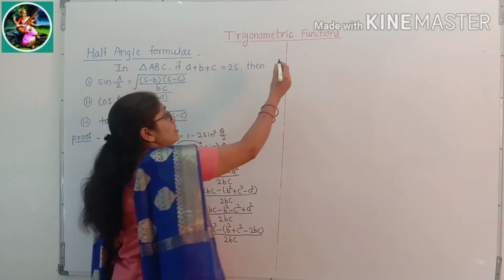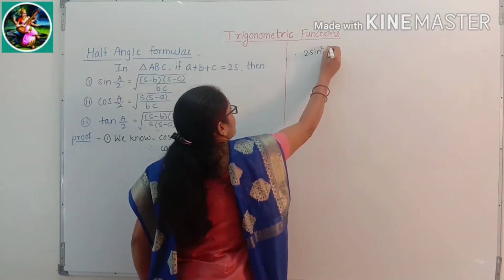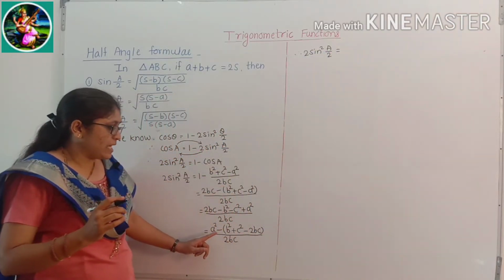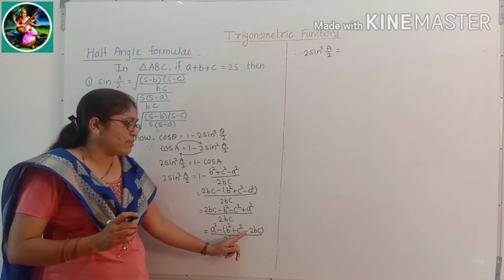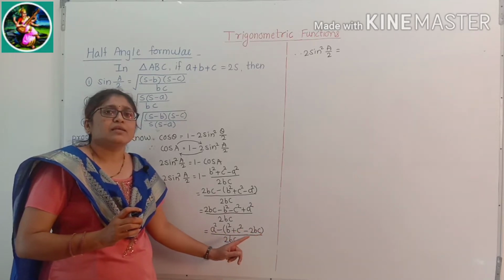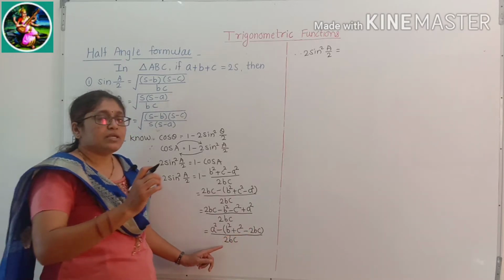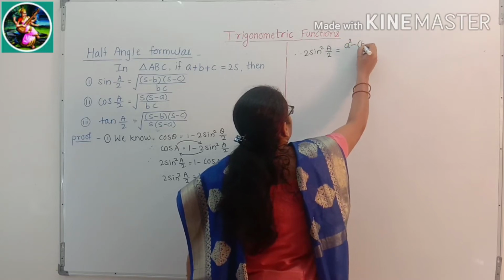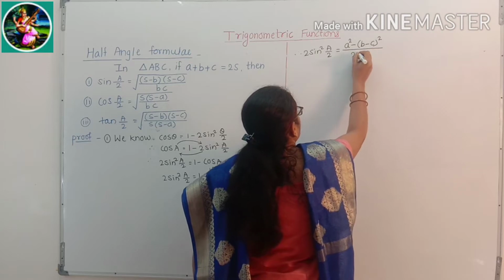Therefore 2 sine square A upon 2 is equal to a square, and the second bracket, b square plus c square minus 2bc, is a perfect square of b minus c. Therefore we write a square minus (b minus c) whole square divided by 2bc.